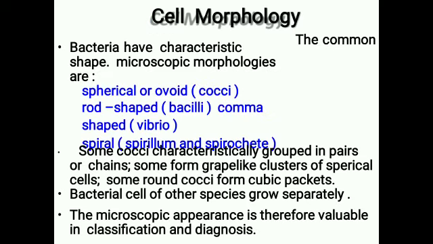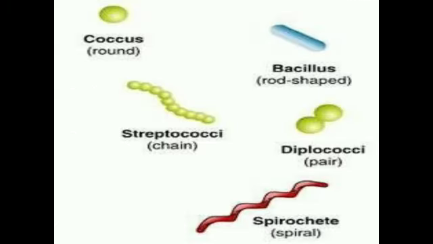Next, the cell morphology, as we discussed previously, has different shapes: spherical, rod shaped, or comma shaped, called vibrio or spirillum. In the previous lecture we discussed coccus, the spherical shaped bacterial cell, and bacillus, the rod shaped cell.